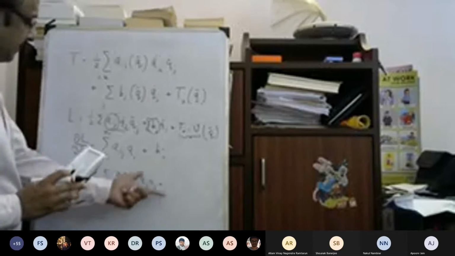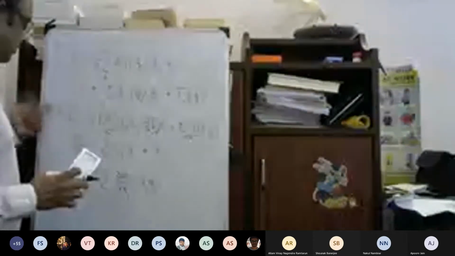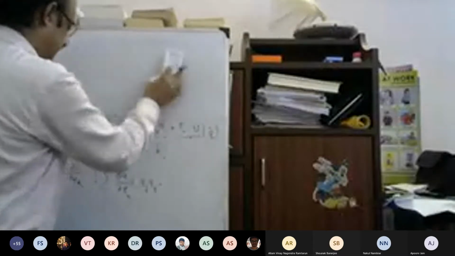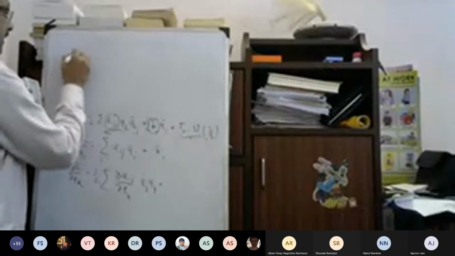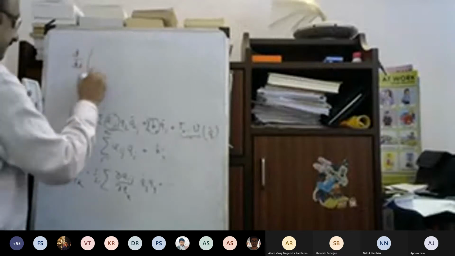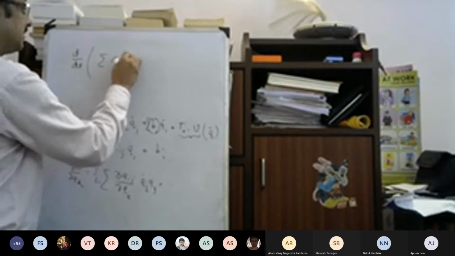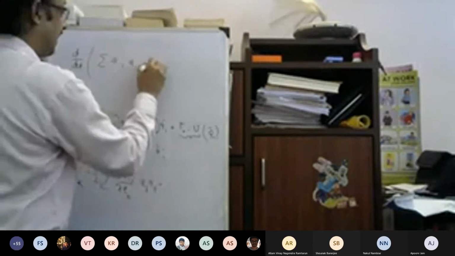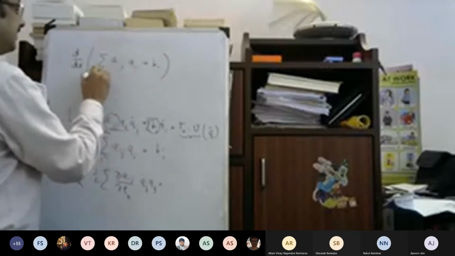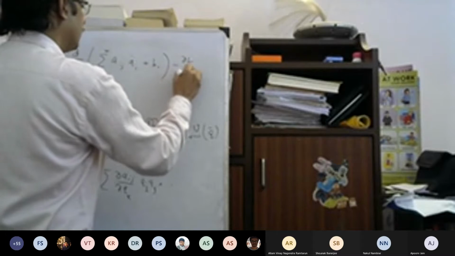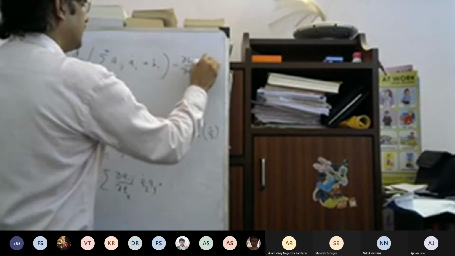Our equation of motion will at least have the first part ddt of Aij qj dot plus bi, j equal to 1 to n, minus del L del qi, and this is equal to, let's say, Qi.